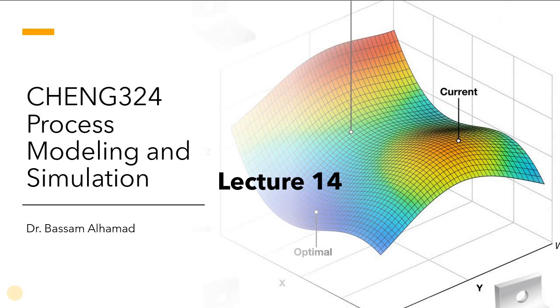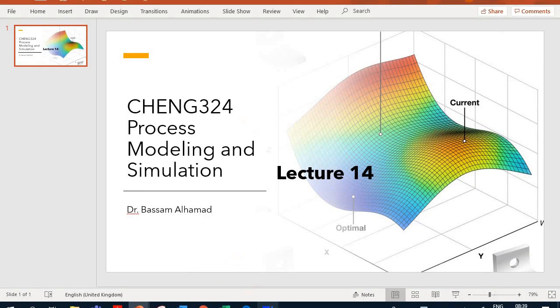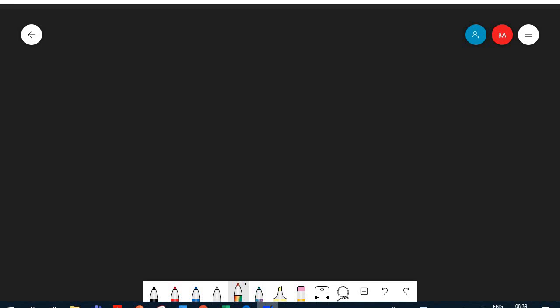So we're going to continue today with lecture number 14, process modeling and simulation. And now talking about just the previous chapters that we have taken, just to know where we are standing in our course.